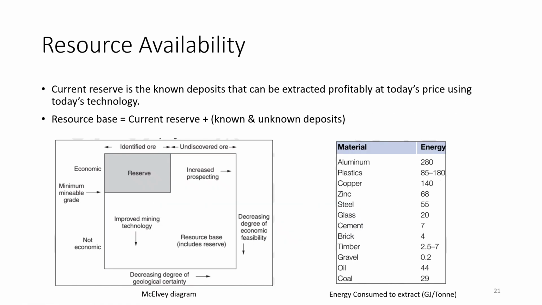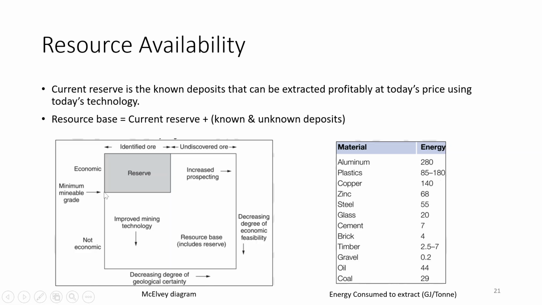Next is resource availability. Current reserve is the known deposits that can be extracted profitably at today's price using today's technology, and the resource base equals current reserve plus known and unknown deposits. In this McKelvey diagram you can see the reserves that we already have, or identified ore which is economic to extract.